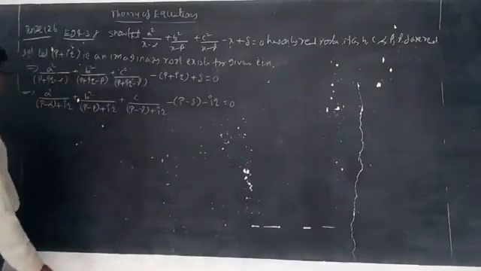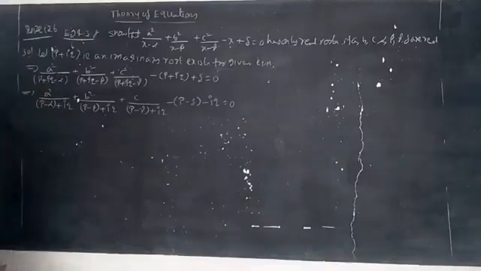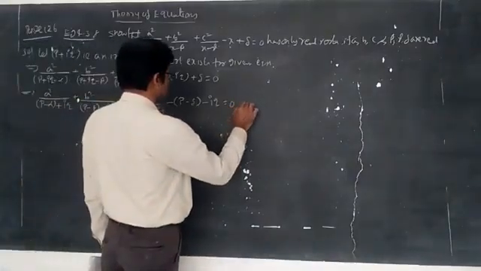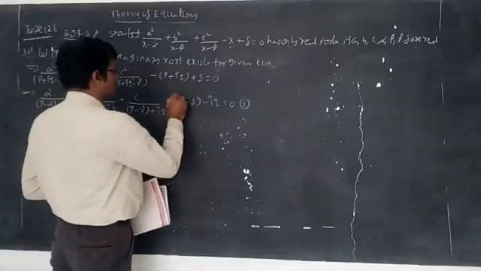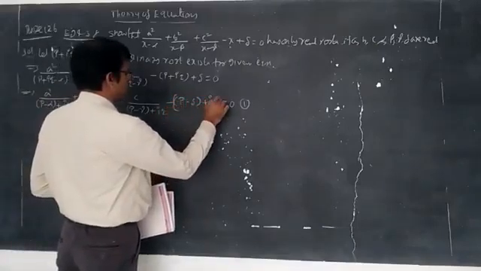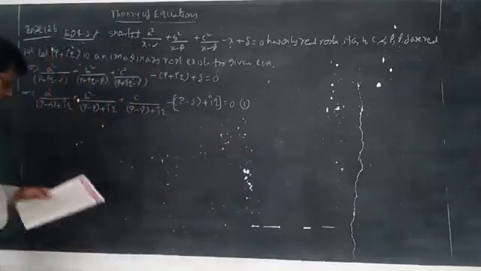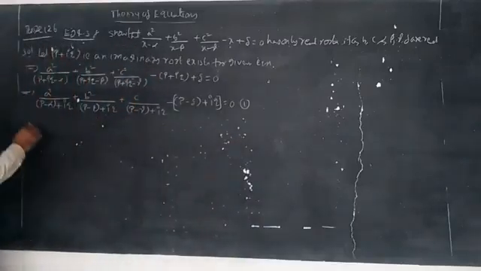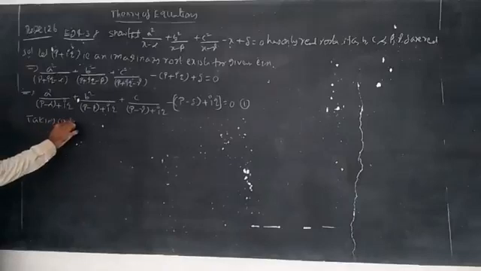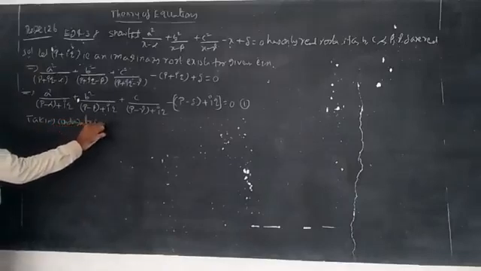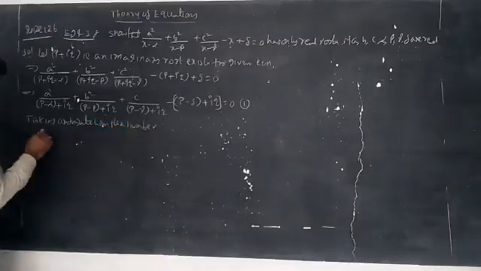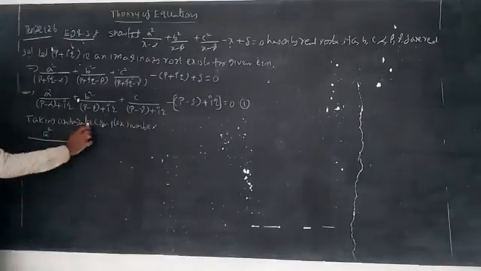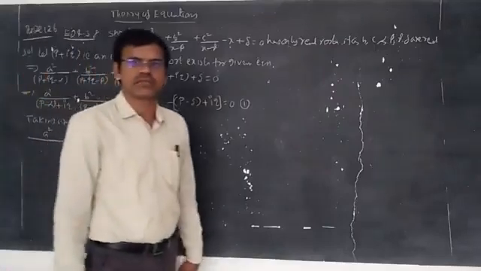Let it be first equation, this is 1. If we take the conjugate of the complex numbers: the conjugate of a plus ib is a minus ib.